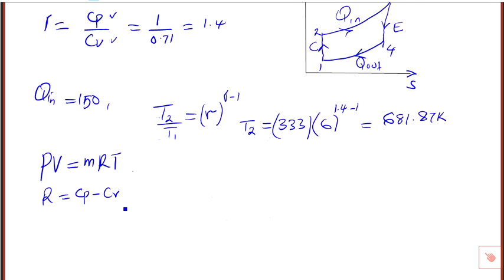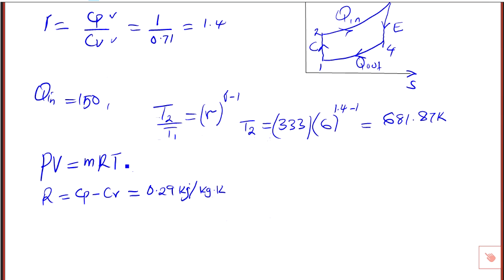So R is usually Cp minus Cv, and that one, if you simplify, will give you a value like 0.29 kilojoules per kilogram Kelvin. That is the value of R. We are going to use that R together with the heat supplied.